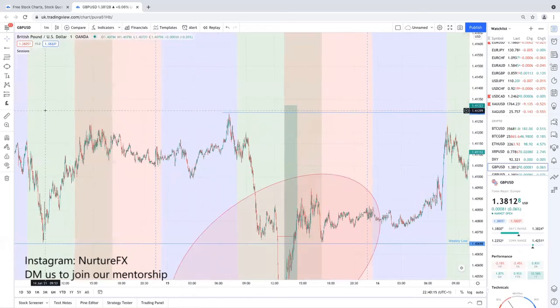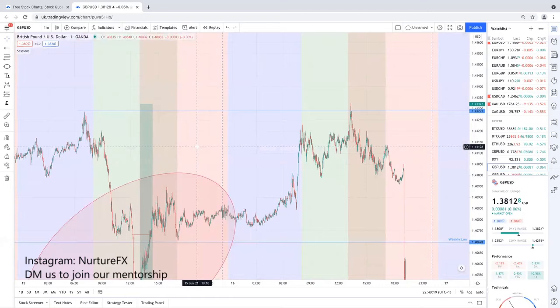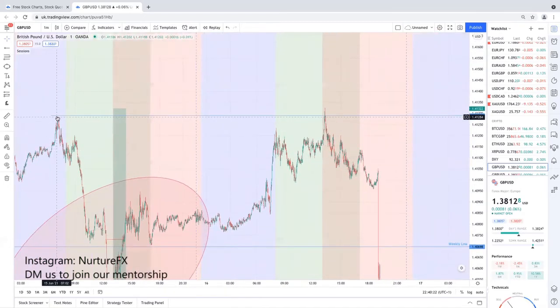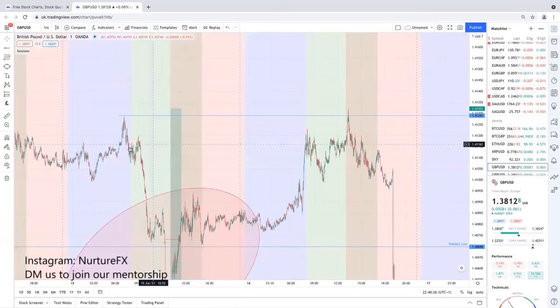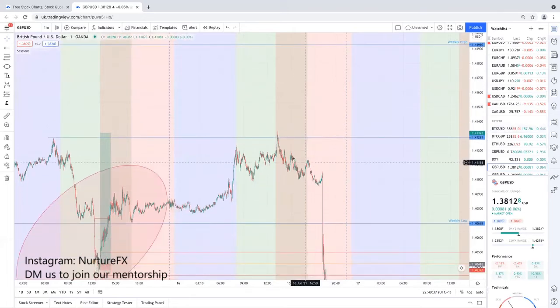So we mark up the highs and lows of the previous week, the highs and lows of the current week as well, because the same principle applies. So the high of this week was here. Every time it makes a high, there's a retracement back down, because it's taking up liquidity. That's what you'll notice. So it will go above that and then drop down. So this is how you could have gotten this move.